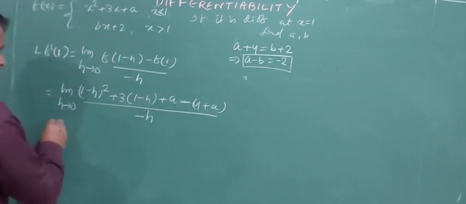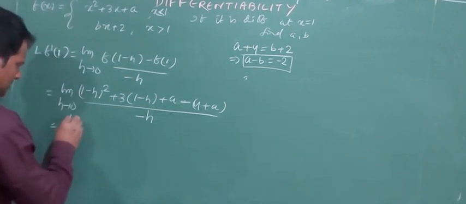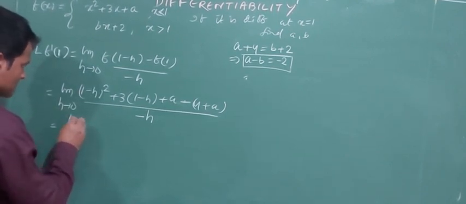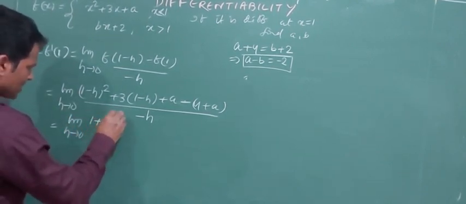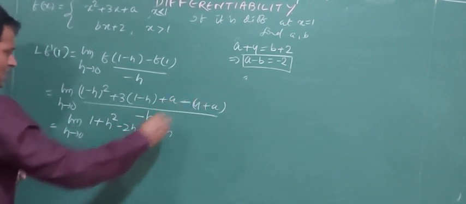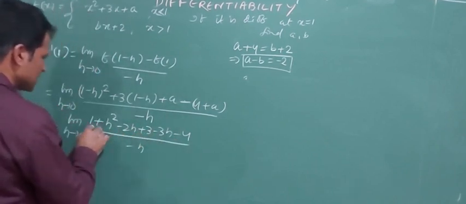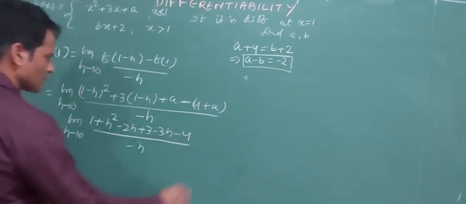The denominator is h, you cannot cancel it. Expand it: 1 plus h square minus 2h plus 3 minus 3h. a cancels out. 3 plus 1 is 4, minus 4 cancels out.